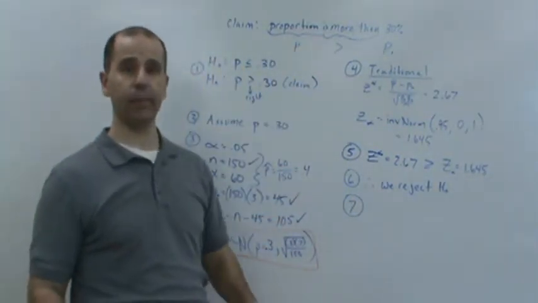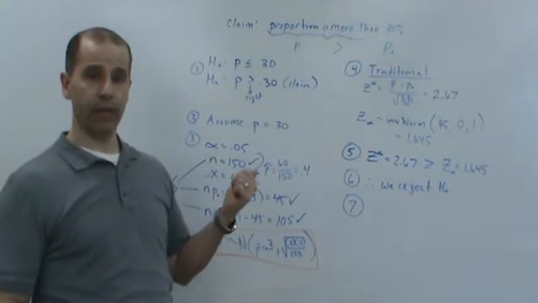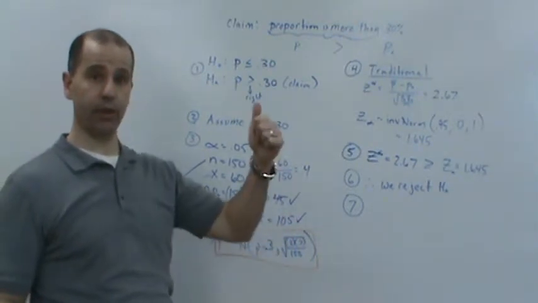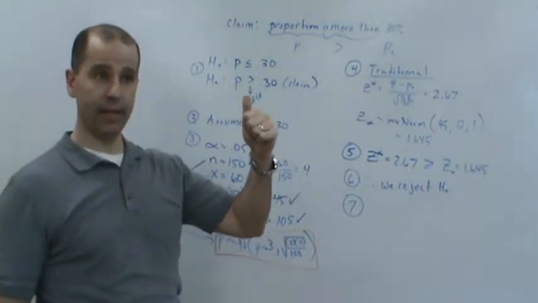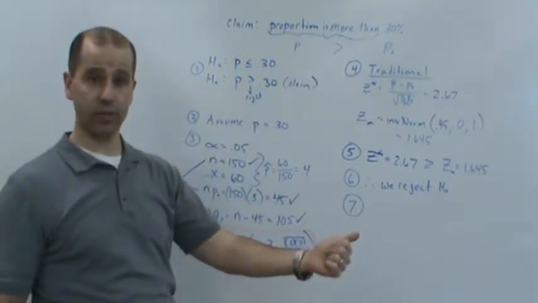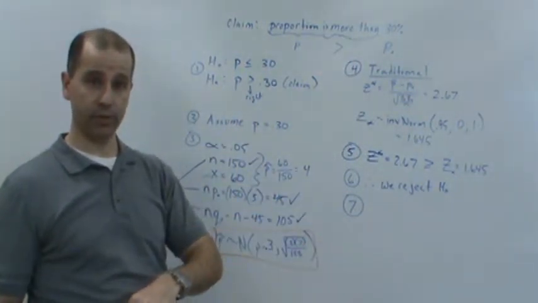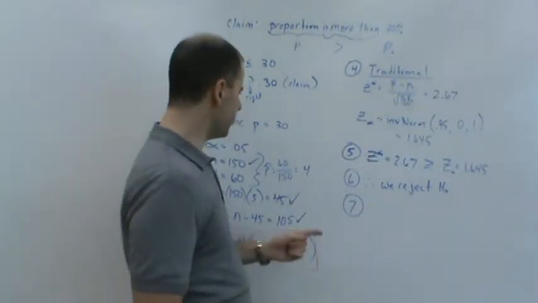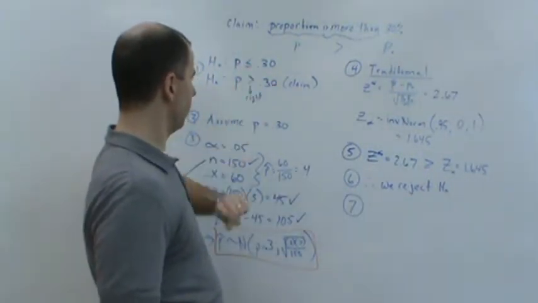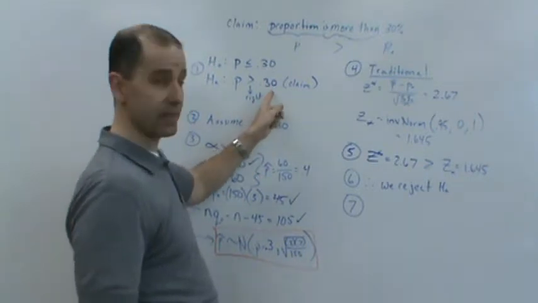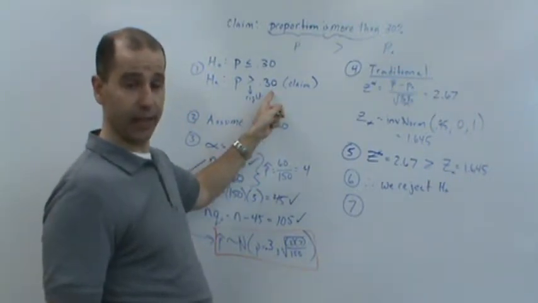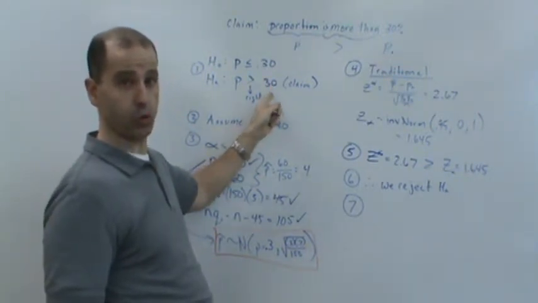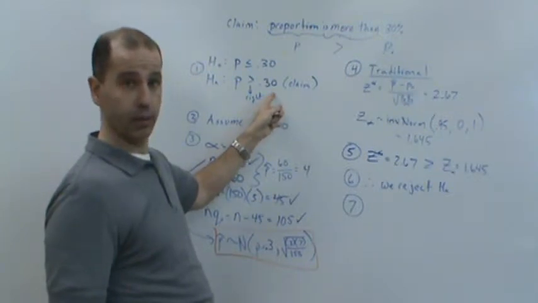Since the claim is the alternative, the phrasing is going to be either there is strong evidence to support the claim or there is not enough evidence to support the claim, something like that, right? So in this case, we reject the null, and so that means there is significant evidence or sufficient evidence or strong evidence to support the claim.